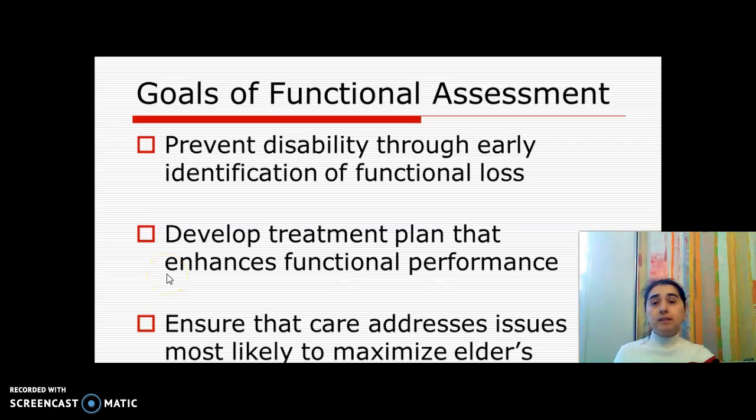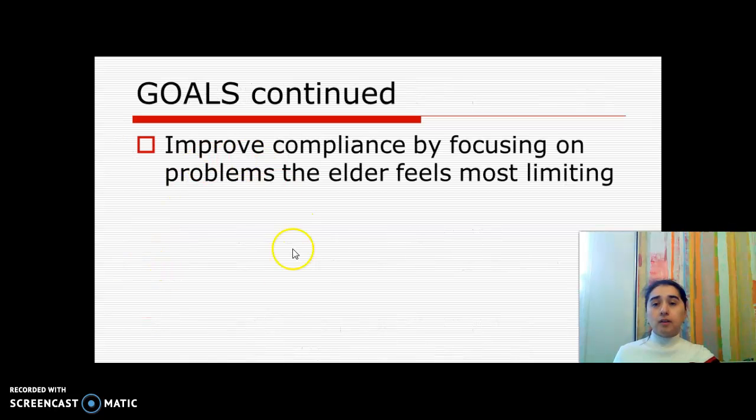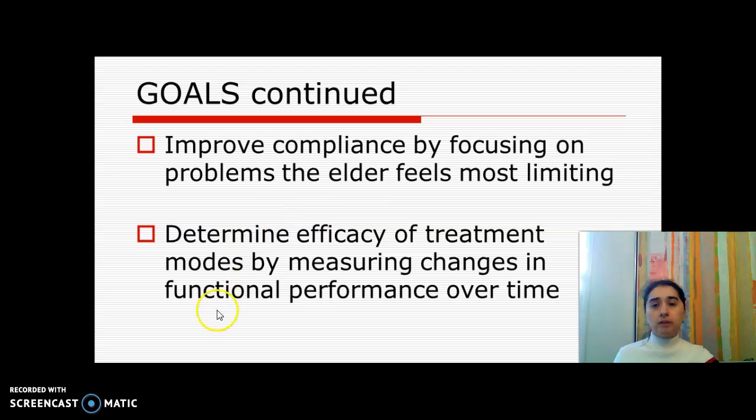Our goal is to maximize quality of life. You have to concentrate on what limitations the individual has first and ensure compliance. And determine the efficacy of treatment modalities by measuring changes in functional performance.